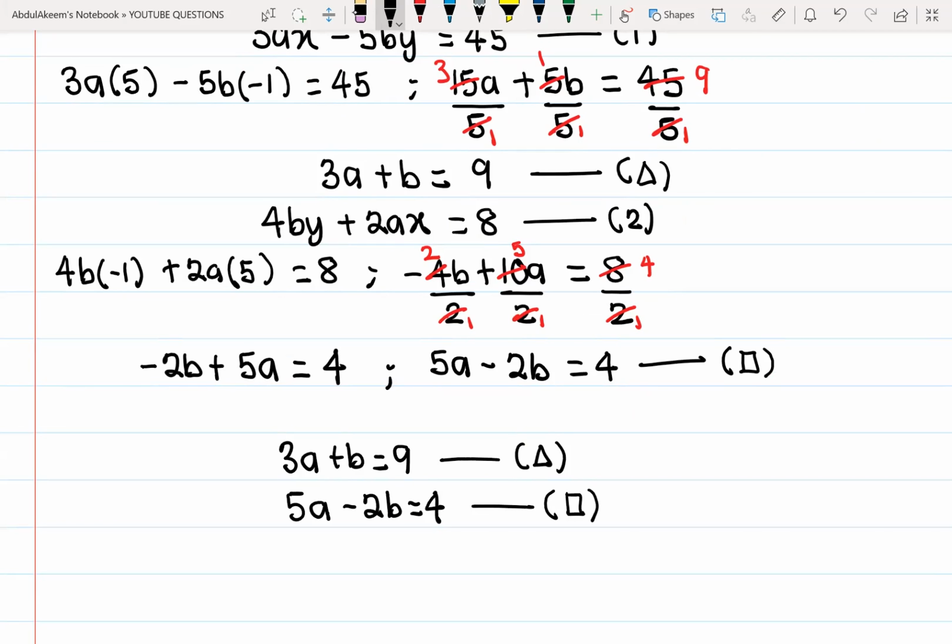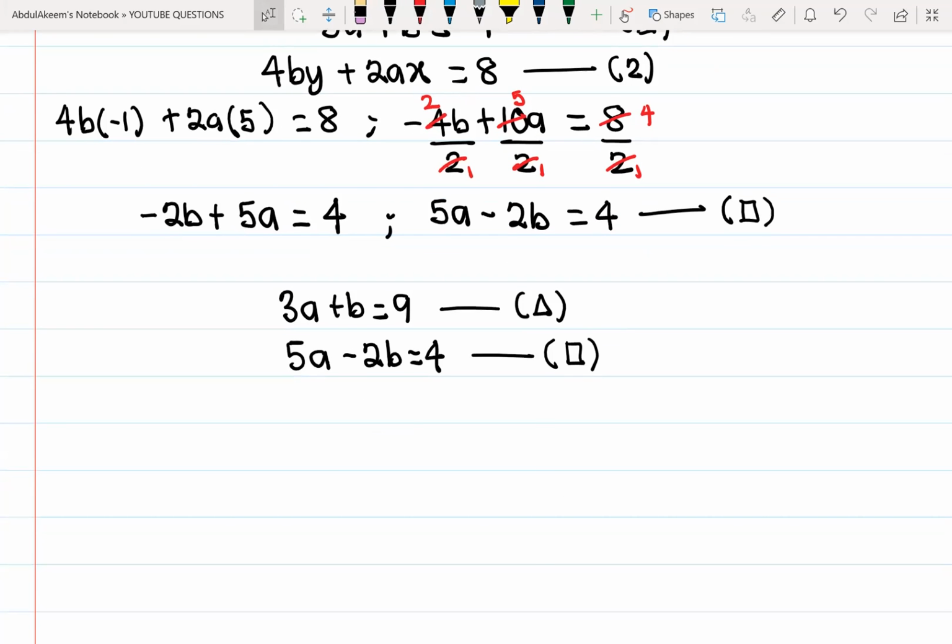We've written it as simultaneous linear equations. The first question is to write this in matrix form. When we have simultaneous linear equations, we can use different methods to solve it: elimination method, substitution method, graphical method, and matrix method.